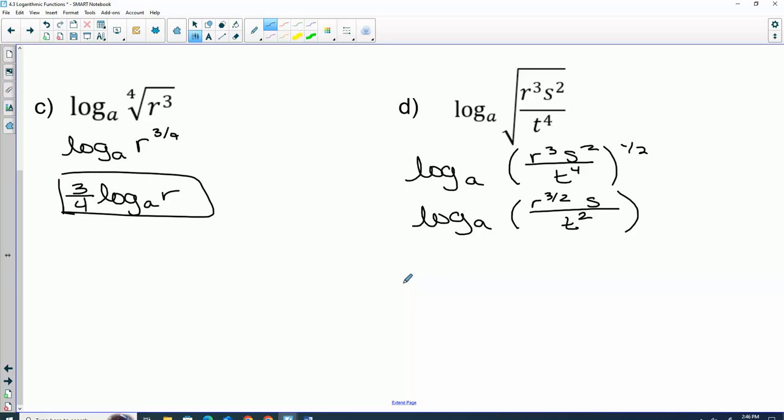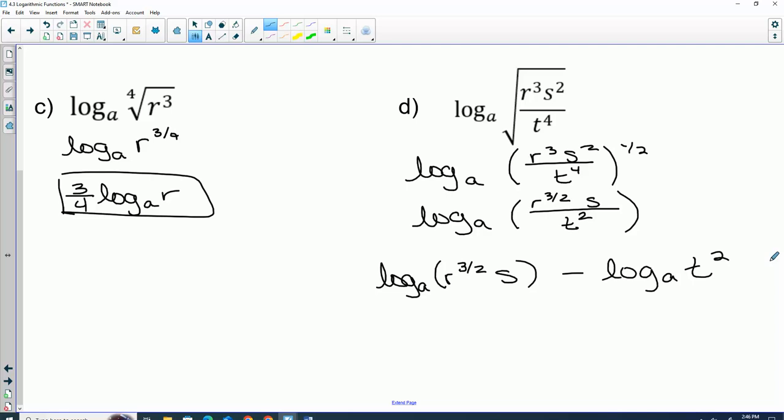Okay. What do we do next? We have the top minus log of the bottom. Okay, is that all I can do?